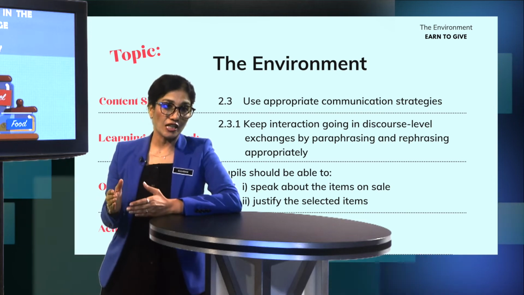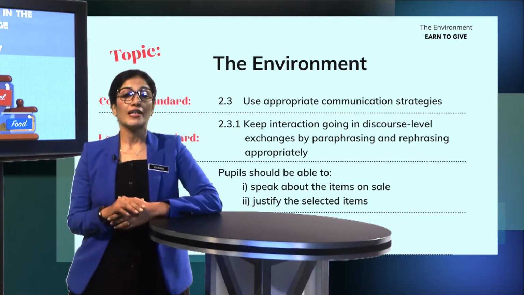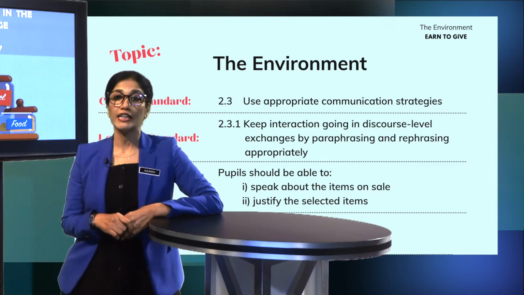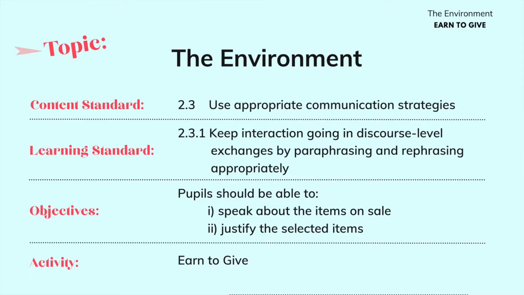The second example is from Chapter 5 in the Form 5 textbook English Download. The topic is the environment. Content Standard 2.3: Use appropriate communication strategies. Learning Standard 2.3.1: Keep interaction going in discourse level exchanges by paraphrasing and rephrasing appropriately.